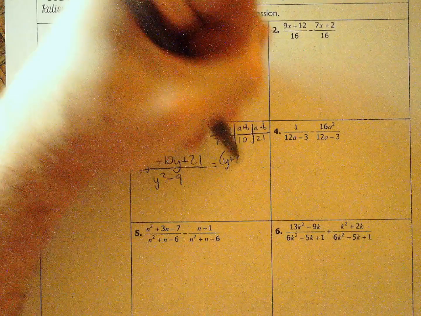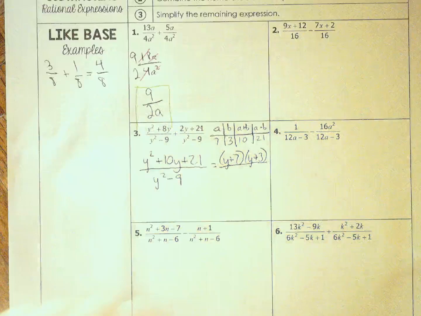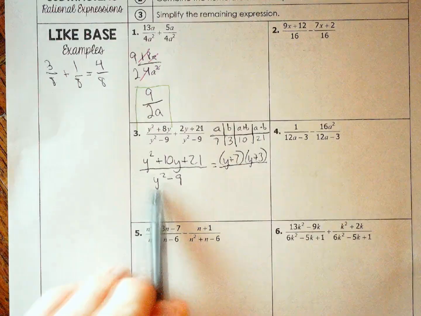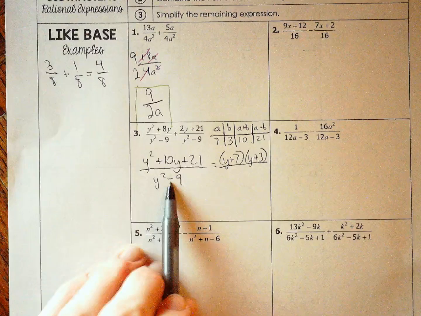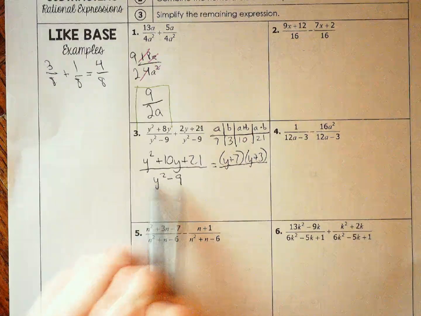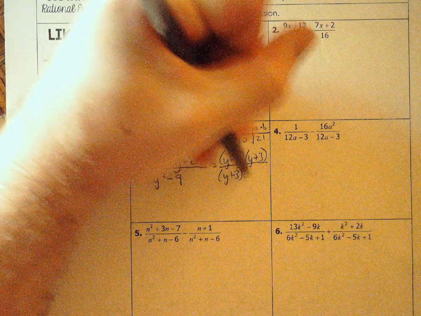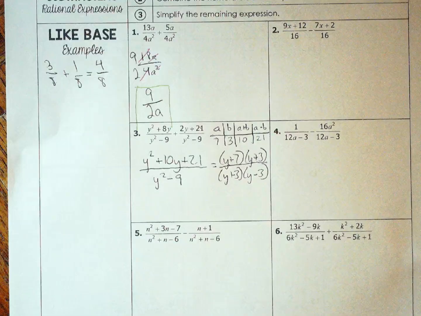So this becomes y plus 7, y plus 3, over, and right away when you see y squared minus 9, you should notice that y squared is a perfect square, and 9 is a perfect square, and this is subtraction. So this is a difference of squares and factors to y plus 3, y minus 3.